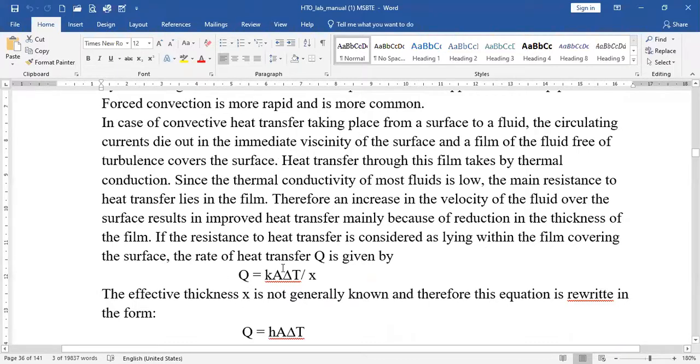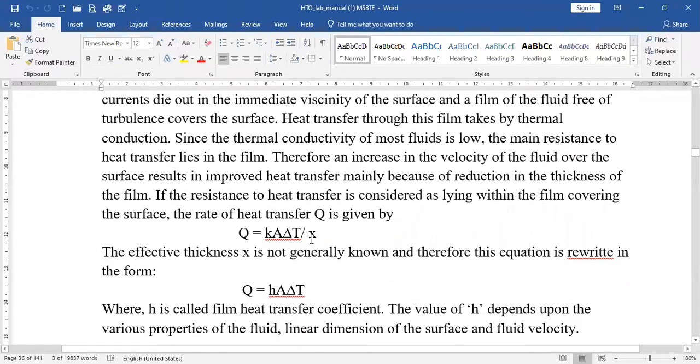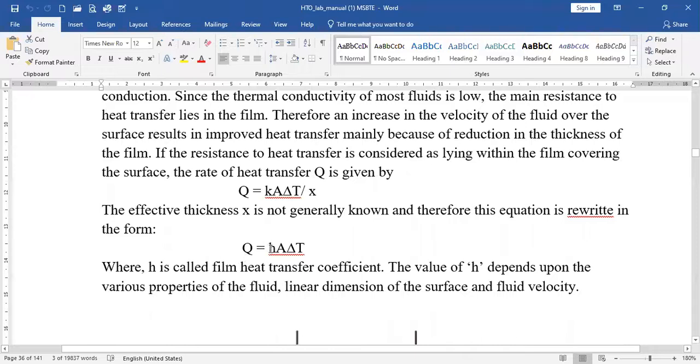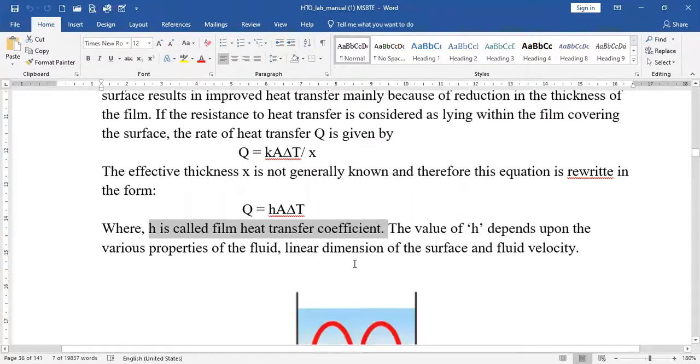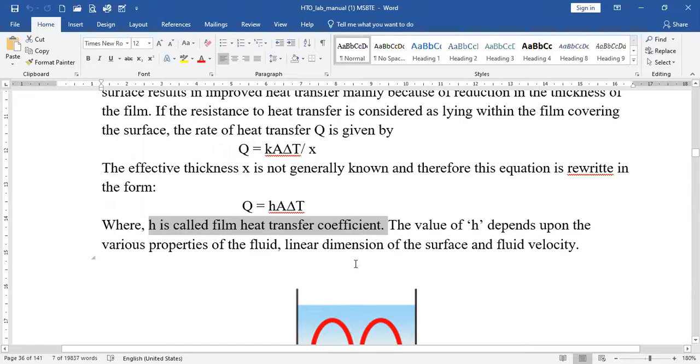So we have already discussed these things, that is Q equal to K dT by dx. Now we replace this K and x by h, so it is called the heat transfer coefficient. So h is called the film heat transfer coefficient. The value of h depends on various properties of the fluid, the linear dimensions of the surface and fluid velocity.